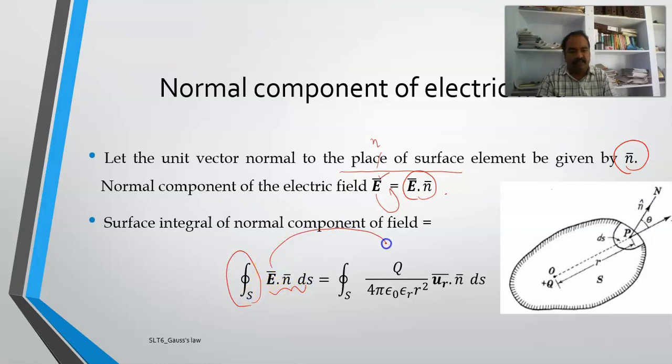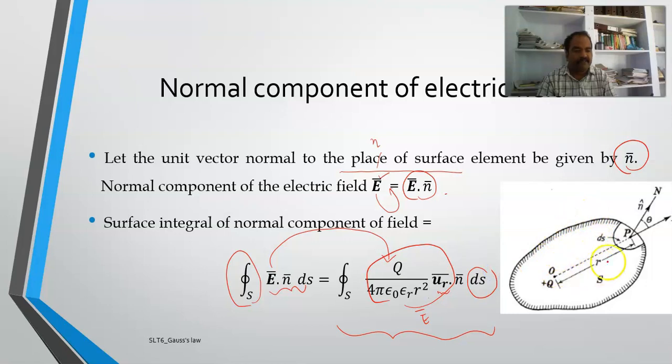I know the value of this: Q by 4 pi epsilon naught epsilon r square into UR. This is E bar. So this is the surface integral of the normal component of electric field over the entire surface area ds.